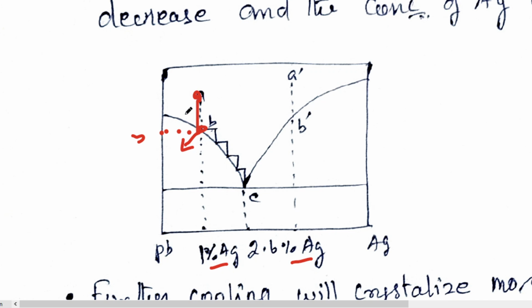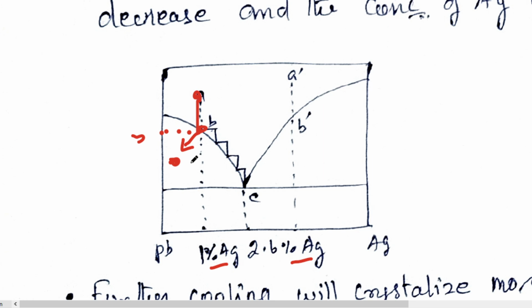Lead in the mixture, there is around 97% lead. Some of the lead will be precipitated, not all the lead, but some of the lead will get precipitated here.